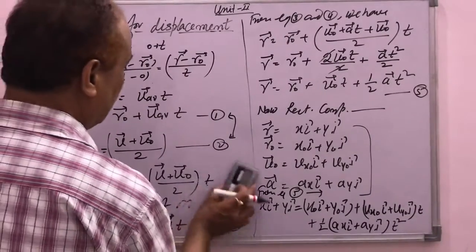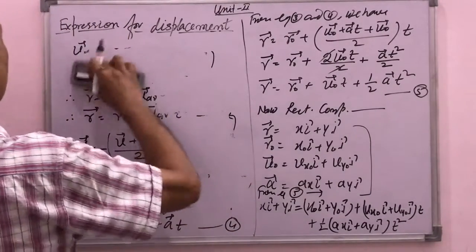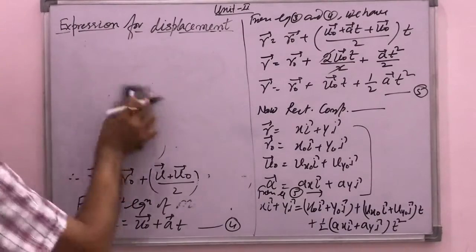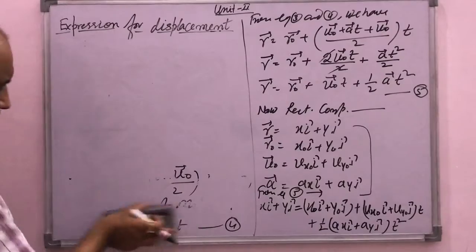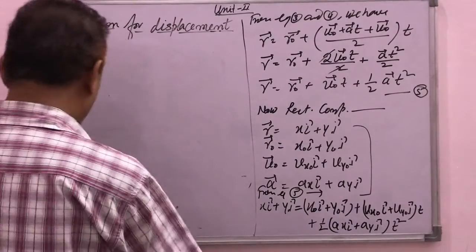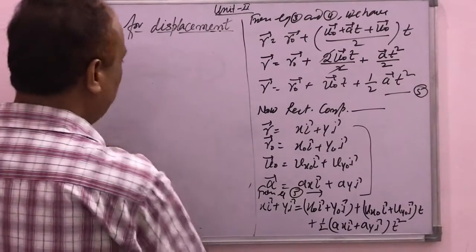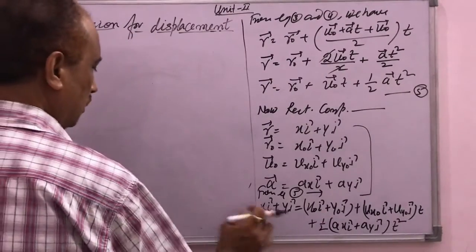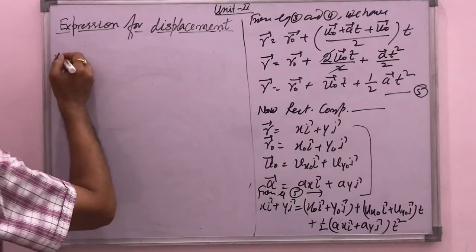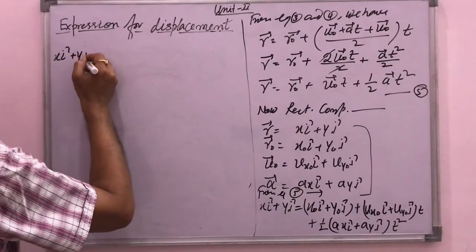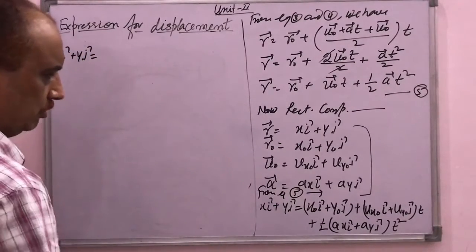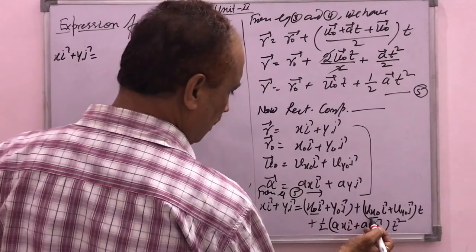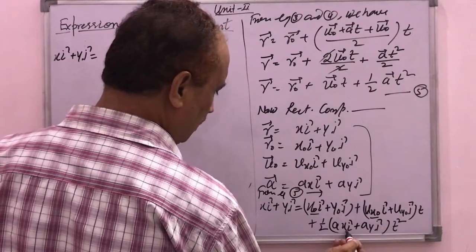After that, we write the components of i and j in one bracket, comparing the terms of i and j. The left side can be written as x i unit vector plus y j unit vector equal to, now this is the x term, and again a term for i, and the next is a term for i.